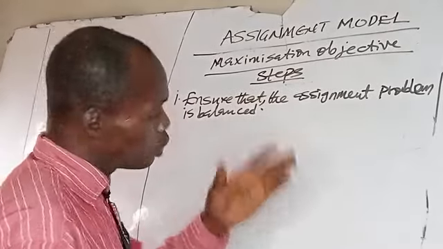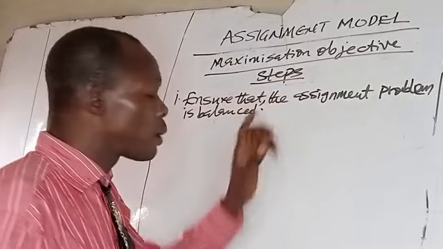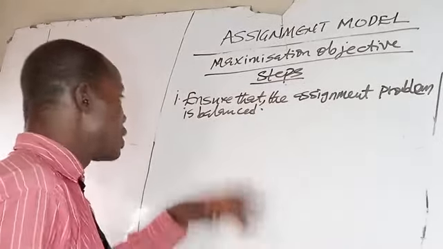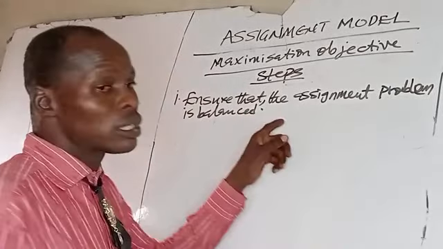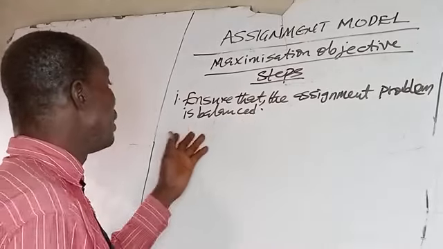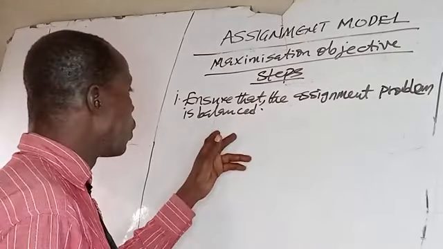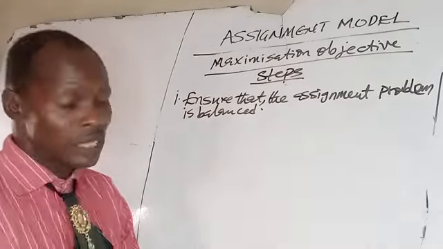If it is balanced, you can proceed directly to the solution. But if it is not balanced, you will need to introduce a dummy activity, which may be introduced to either a row or a column. Go back to part 1 for better understanding.